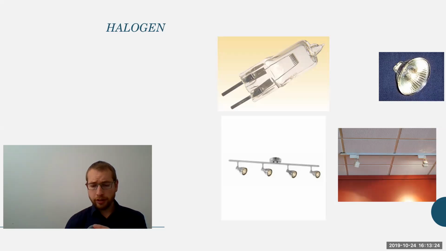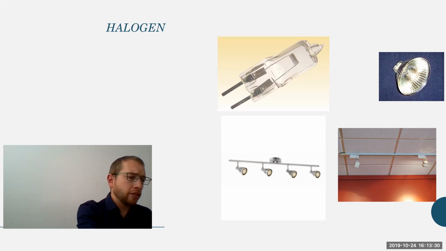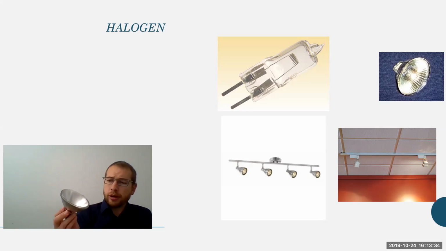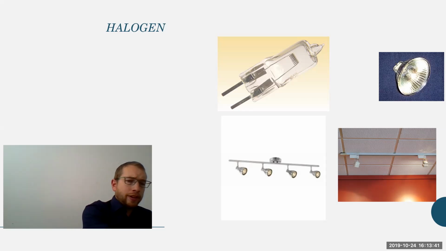One way around this is to change the temperature of this emission a little bit, and that's where halogen lights come in. Halogen lights, here's an example of one. They're basically another version of an incandescent bulb, except instead of just having air inside of this guy, we evacuate it out, and the tungsten filament is now embedded inside of it like a halogen gas.